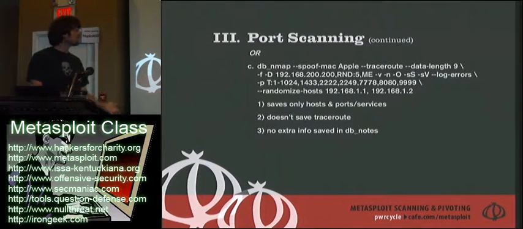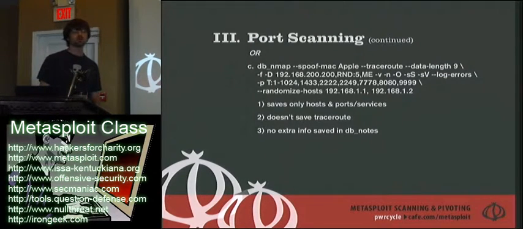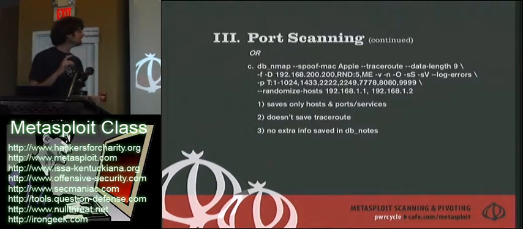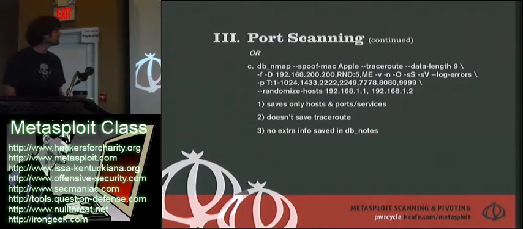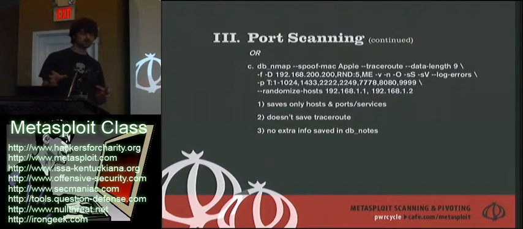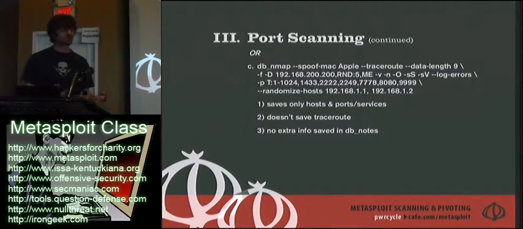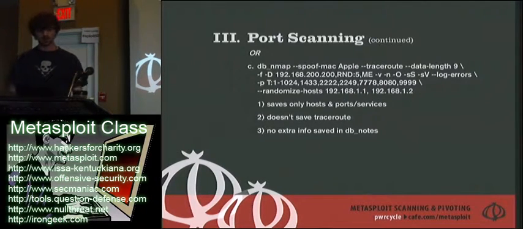But if you run db_nmap, then Metasploit will spawn the nmap, it'll do the scan for you, and it will import everything and put it into its database of hosts without having to do the extra step of import. As I said, it only gives you the hosts and the ports, or as nmap calls them, services. And there's some extra information that's just not saved. So I like to run nmap separately and do the import. But there you go.